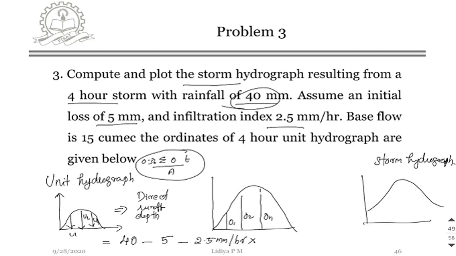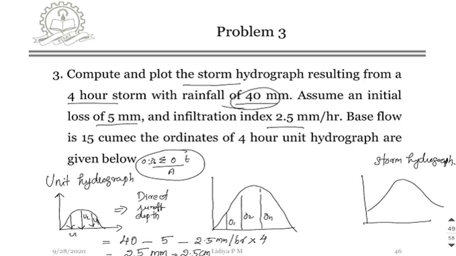For per hour it is 2.5 mm, and the duration of our rainfall is 4 hours, so into 4. So you will be getting 25 mm. We have to take this value in centimeters, so the excess rainfall in centimeters is 2.5.